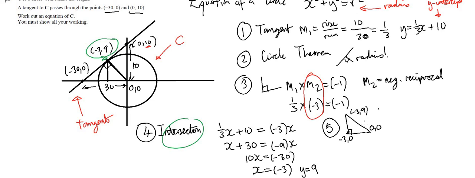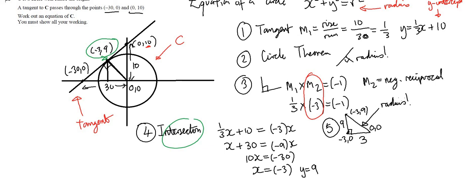So that means that this side must be the part that goes from the circumference to the center. That is our radius. How do we find that length of the triangle? Well, this side is 9 because it goes from y is 9 to y is 0. And this side goes from minus 3 to 0, so this side is 3.